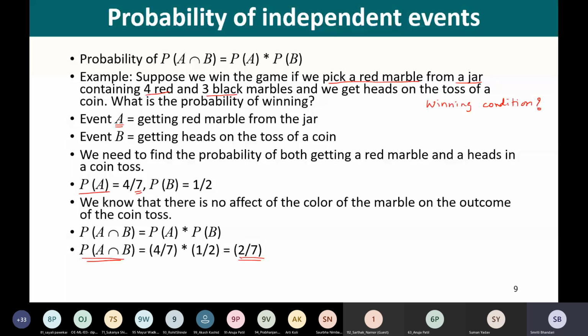For independent events, the probability of A intersection B is the product of the probability of A and the probability of B. So the probability of winning is 2 by 7.